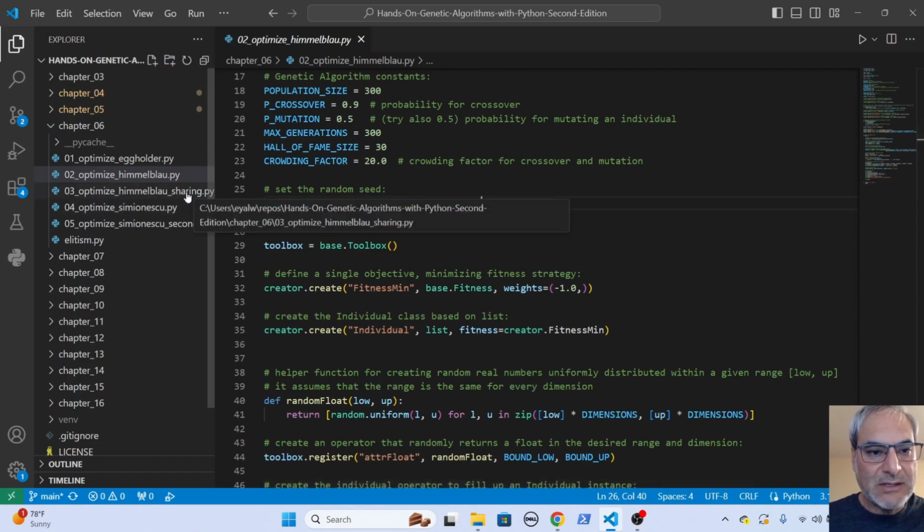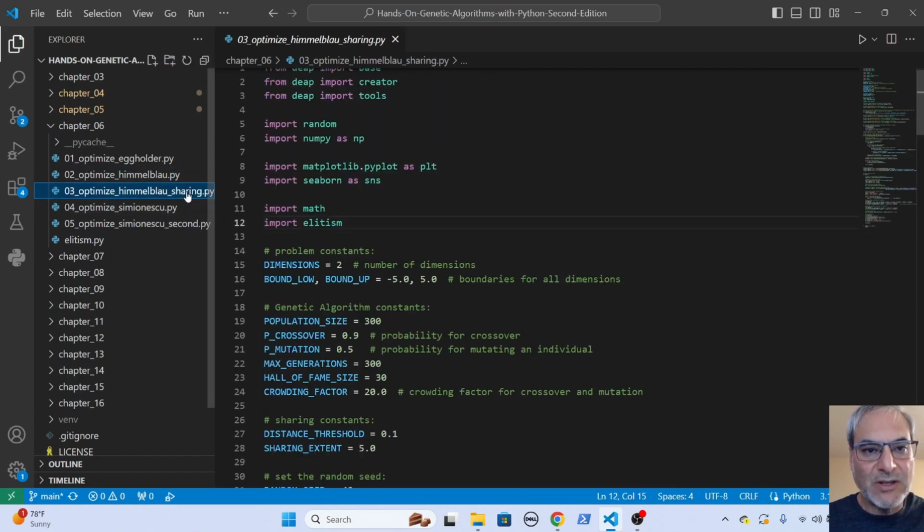What we're doing instead is a more interesting way to do it. We're trying to find all the solutions at the same time, and we're using the mechanism known as sharing or niching. It is explained in detail in the book, but the idea is we try to punish individuals when they are too close to each other. They have to share the bounty, so they're encouraged to go look elsewhere.